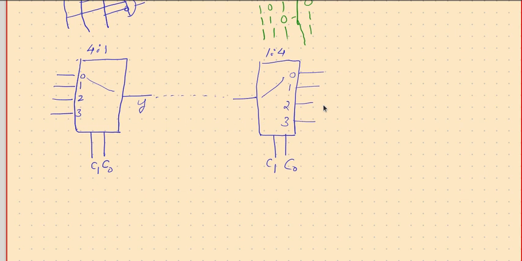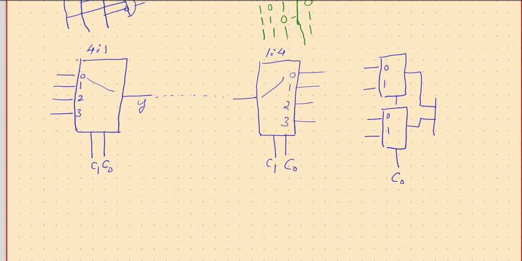Now how can this be implemented? The simplest way of implementing it is to use two 2 to 1 multiplexers. Use two 2 to 1 multiplexers and connect a common C0 to these, and we get two outputs, and these outputs you connect to another 2 to 1 multiplexer and give a C1 here.